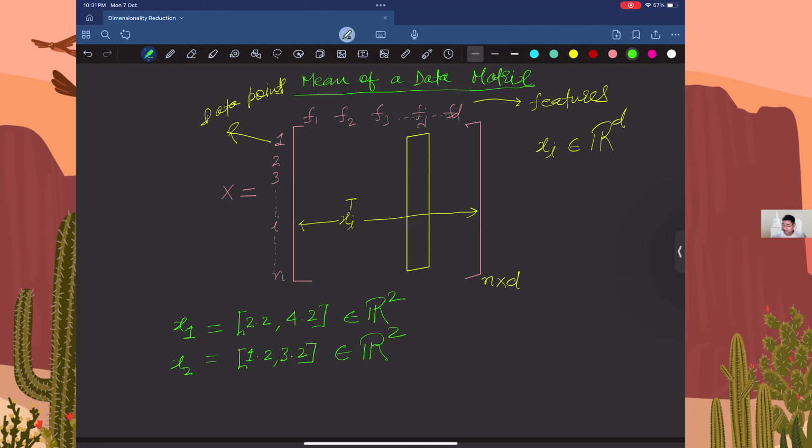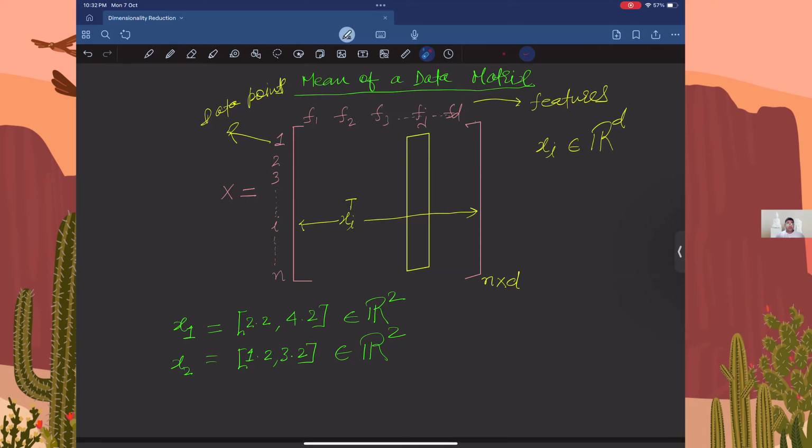Because in these vectors x1 and x2, we have only two columns. D is equal to 2. Since we have only two columns, the value of D is 2.